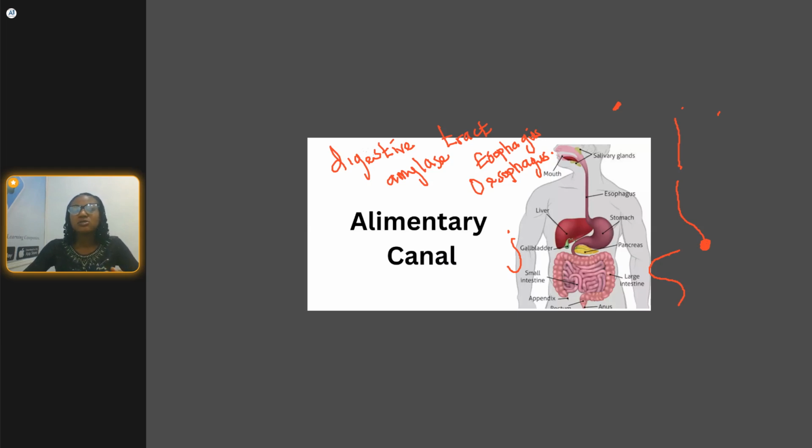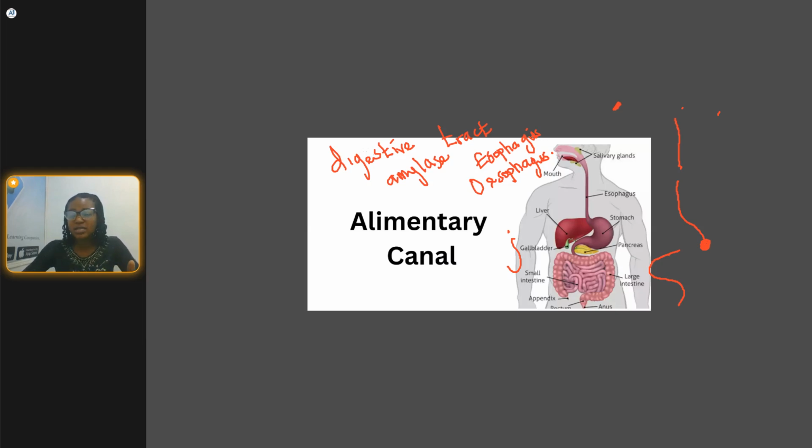Then it diffuses them into the blood. So that is the function of the small intestine. It is the small intestine that absorbs whatever nutrients are in that food, into the bloodstream.